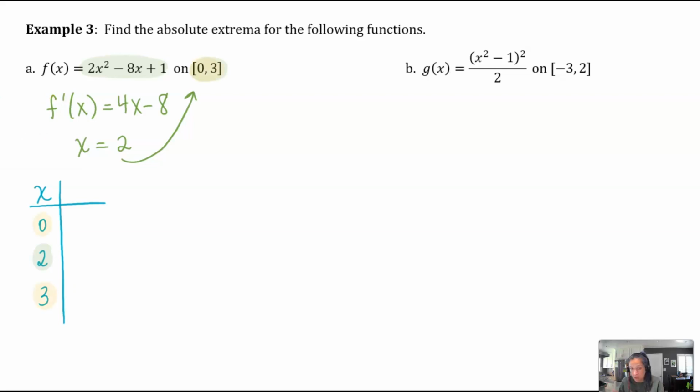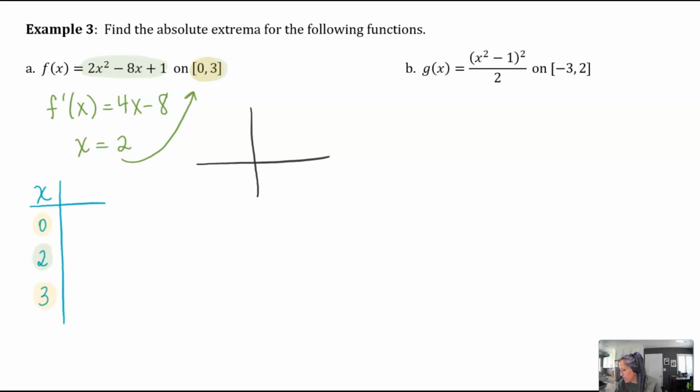Now, thinking cleverly, I know that the critical value for this particular function is also going to be the x coordinate of my vertex. And this is a parabola that opens upward. So I'm just sort of thinking right now. I can add more nuance to this graph in a second.